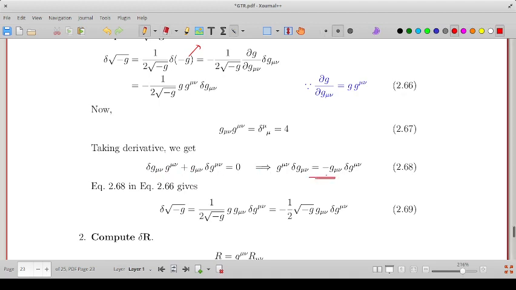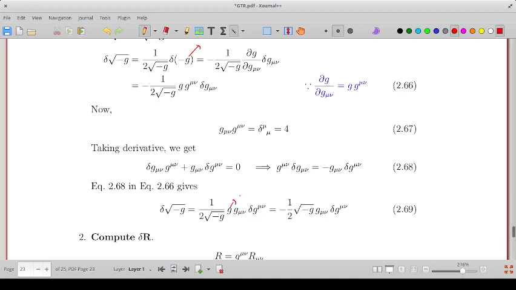And substituting this equation over here, I will have delta of minus square root of minus g equal to, there is this factor of minus coming there, so this is gone, 1 by 2 square root of minus g, then the covariant component g mu nu times delta g mu nu.